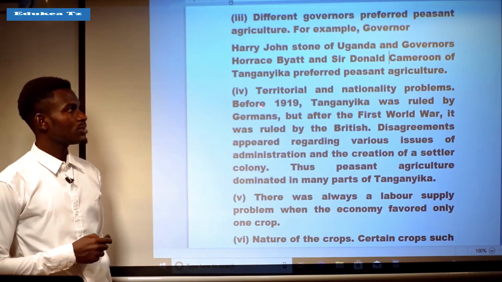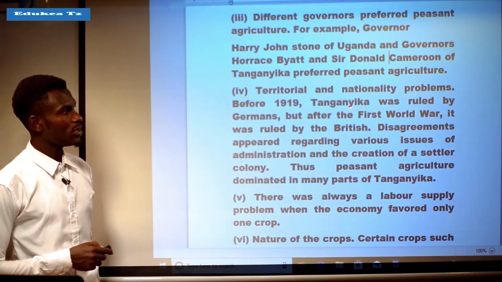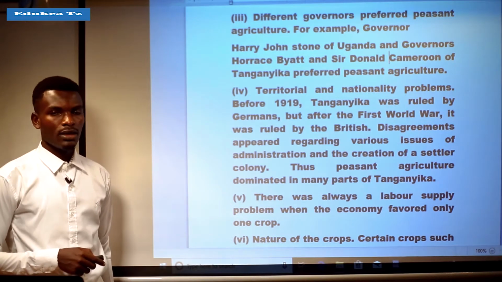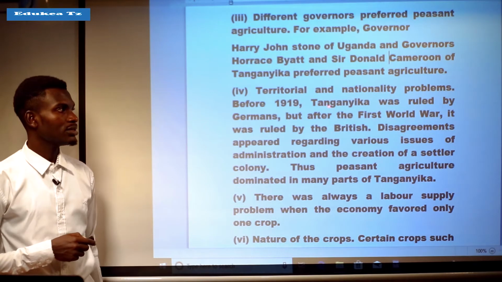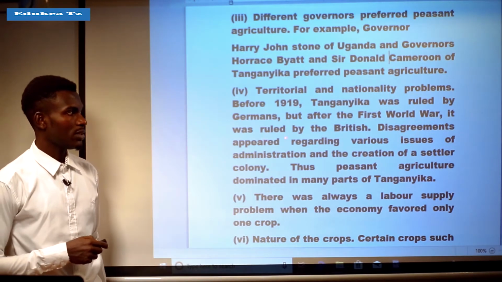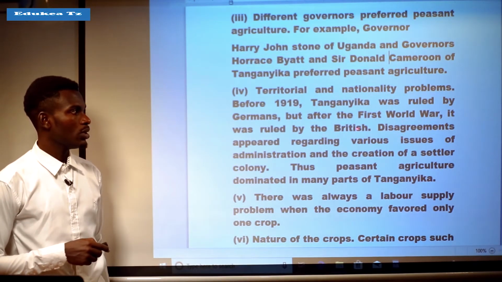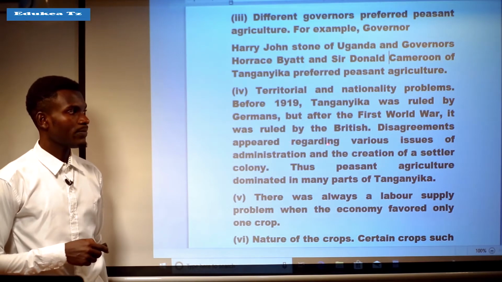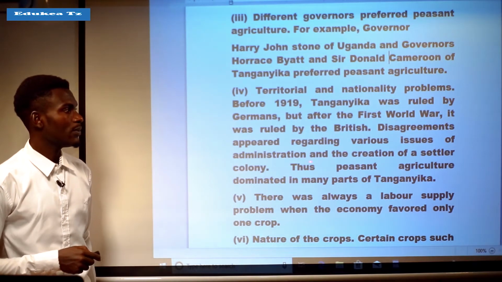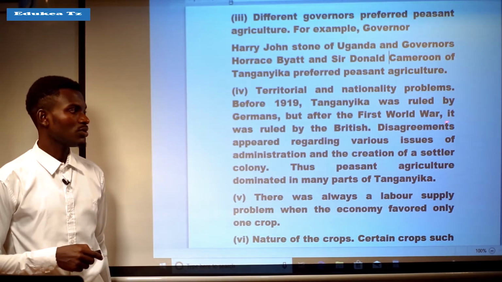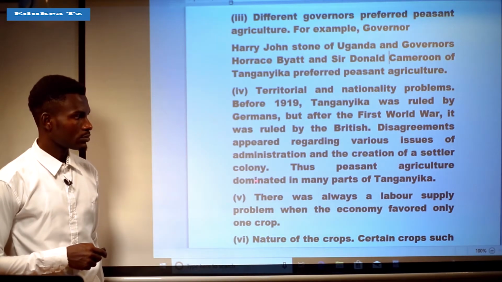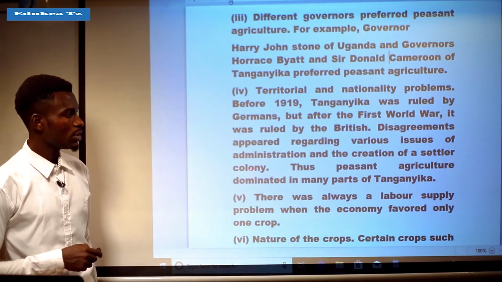Another was territorial and nationality problems. Before 1919, Tanganyika was ruled by Germans, but after the First World War, it was ruled by the British. Disagreements appeared regarding various issues of administration and the creation of a settler colony.